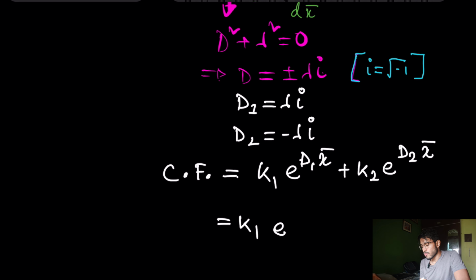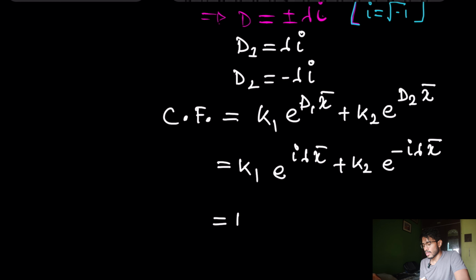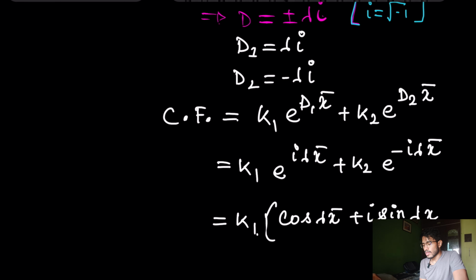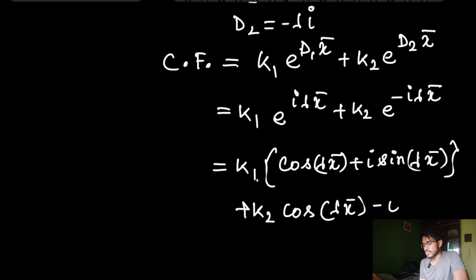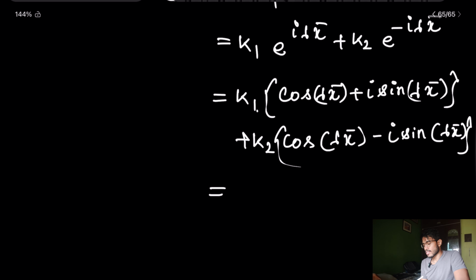Here my D1 is λi, so I have e^(iλx̄) plus k2 e^(−iλx̄). Now e^(iθ) is equal to cos θ plus i sin θ. So I can write this as k1(cos λx̄ + i sin λx̄) plus k2 cos of minus λx̄, but cos of minus λx̄ is equal to cos λx̄, and sin of minus λx̄ is equal to minus sin λx̄.